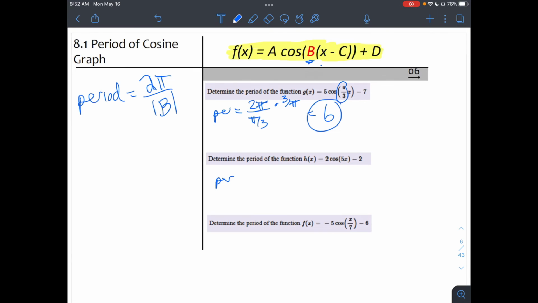In the second example, your period is 2 pi divided by the absolute value of b. Well, here the b value is 5. Nothing to simplify, that would be your period. And then finally, the period in this last problem is 2 pi divided by the multiplier in front, which is 1 over 7, which is equivalent to multiplying by the reciprocal, giving you 14 pi for your period.